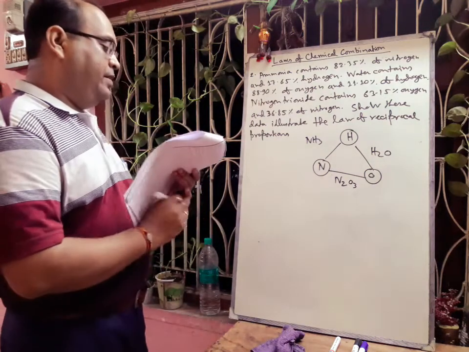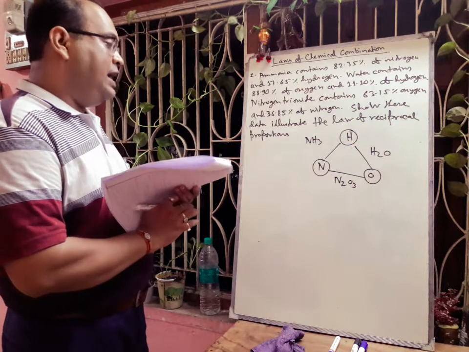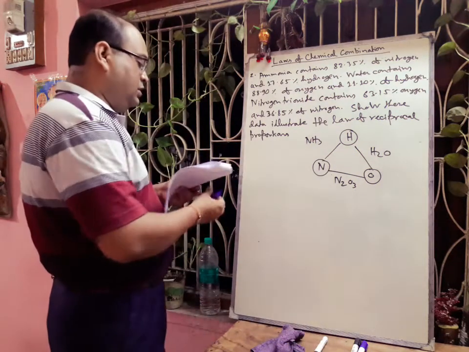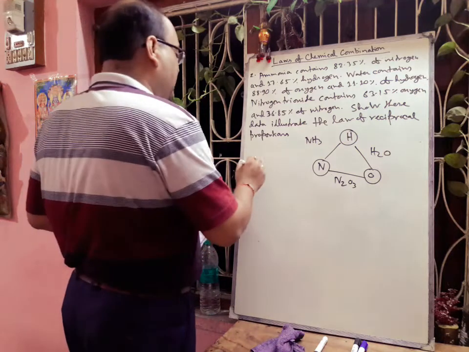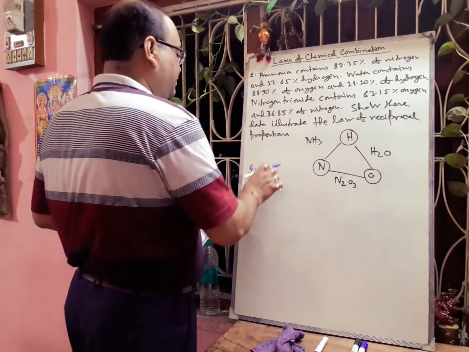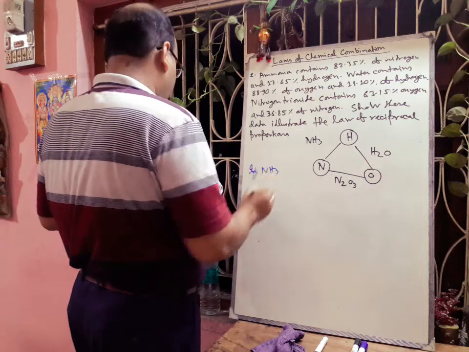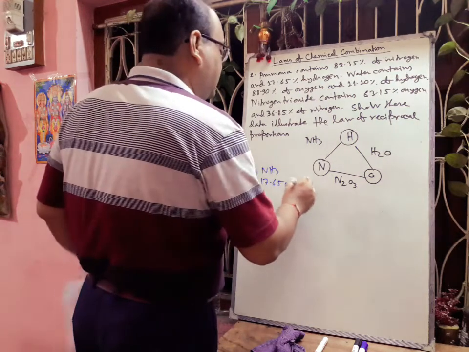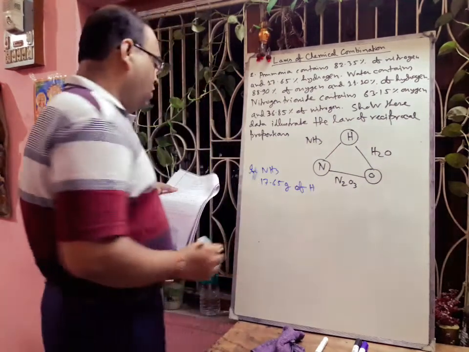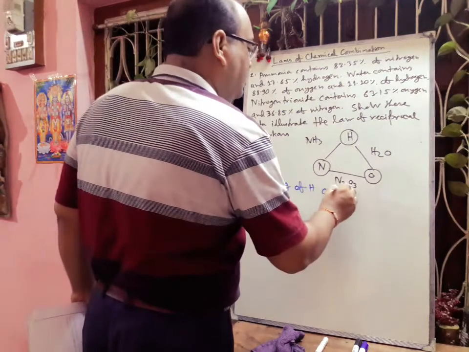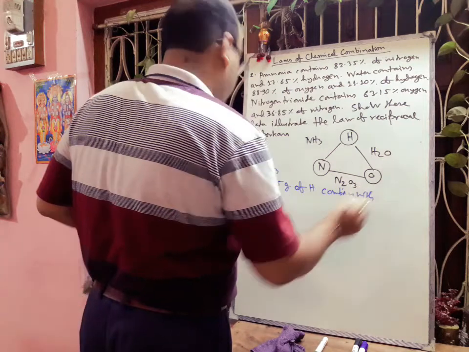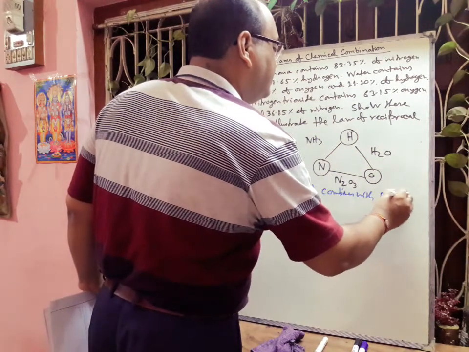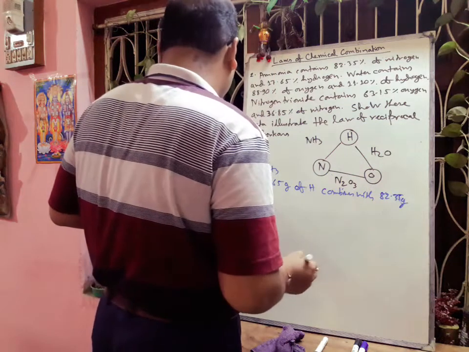So here we have to take the fixed mass of hydrogen. Okay, so in the first case it is given that in NH3, 17.65 gram of hydrogen combines with 82.35 gram of nitrogen.